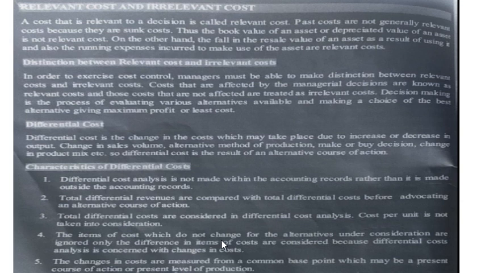When you find there is a difference in cost between making and buying, you check whether making the product or buying the product will reduce your cost. Based on that you would decide which alternative to use.